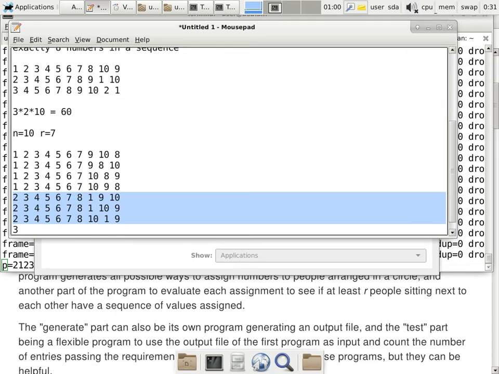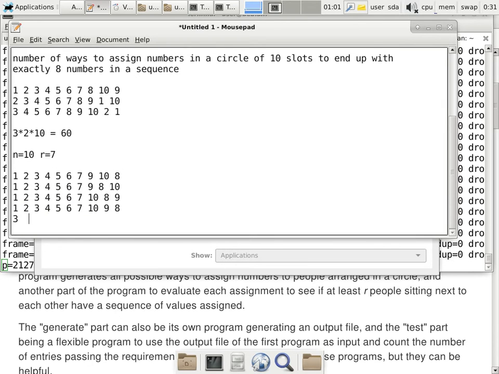If we start with a 3, then we have 3, 4, 5, 6, 7, 8, 9. That's a sequence of exactly 7 numbers. The only thing that cannot follow a 9 is a 10. So technically speaking, I can use a 10, 1, 2.